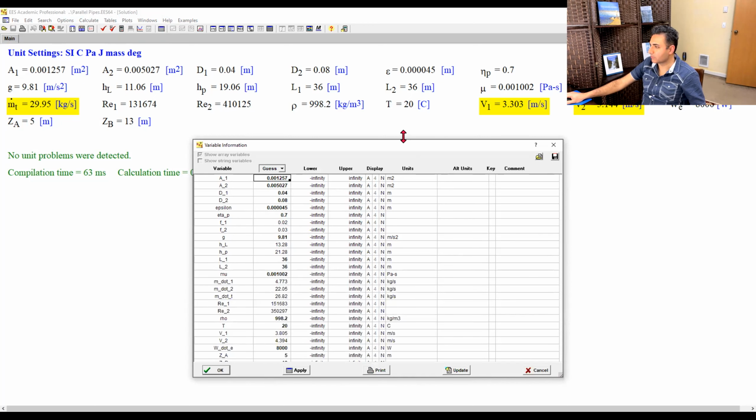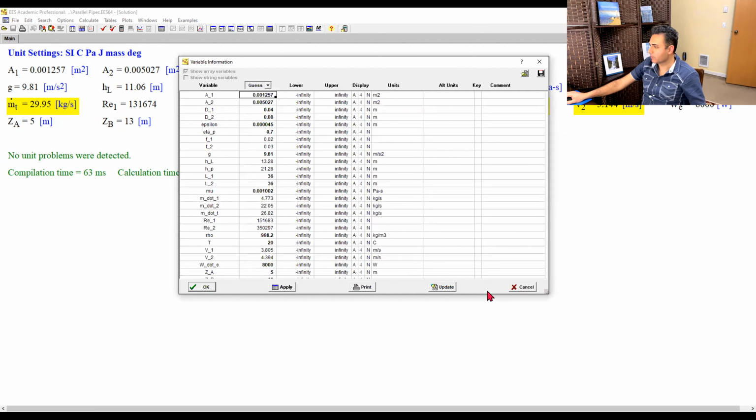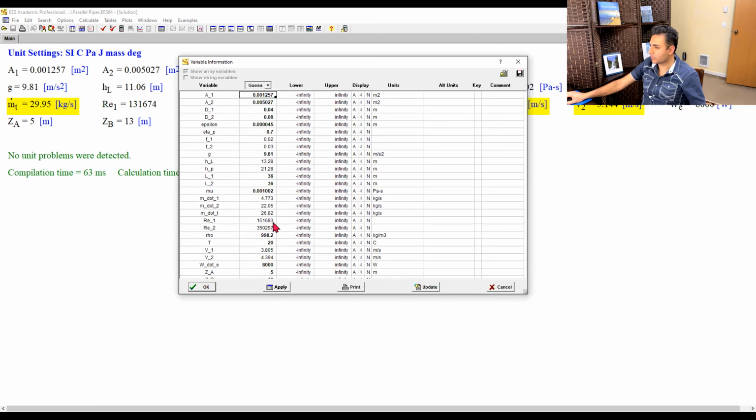So let me just maximize this if I can. I guess it's already maximized anyways. All right, where's Reynolds? I have two Reynolds numbers here, Reynolds number 1 and Reynolds number 2. I can restrict Reynolds to 0.001 to infinity, and this Reynolds to 0.001 to infinity. I can even say 2 million or whatever.